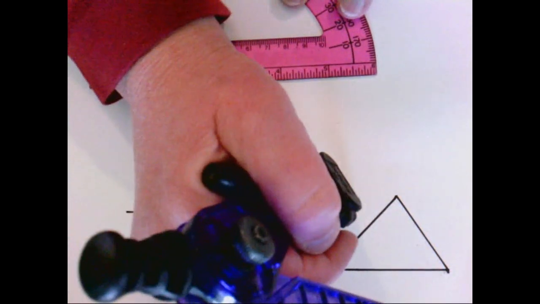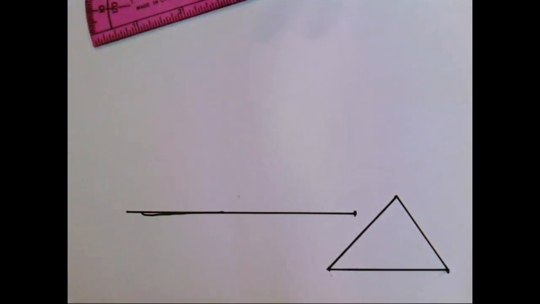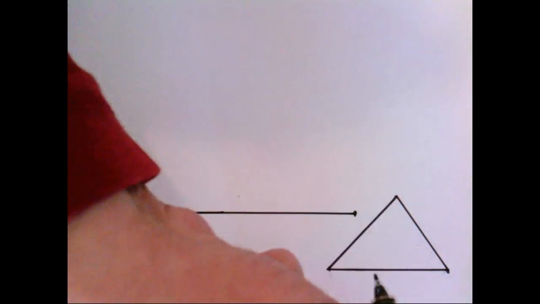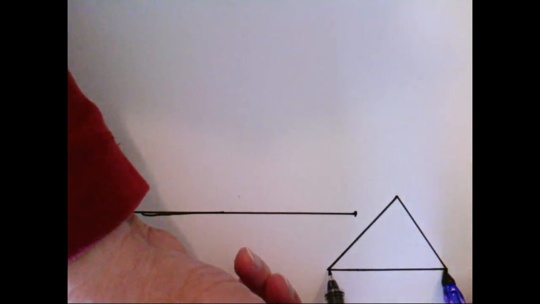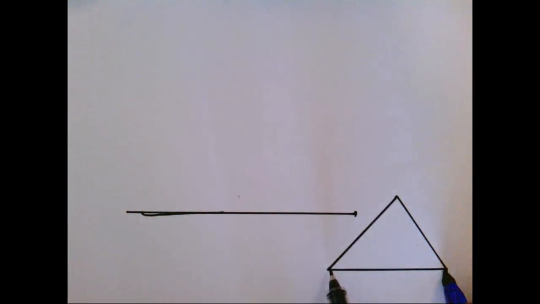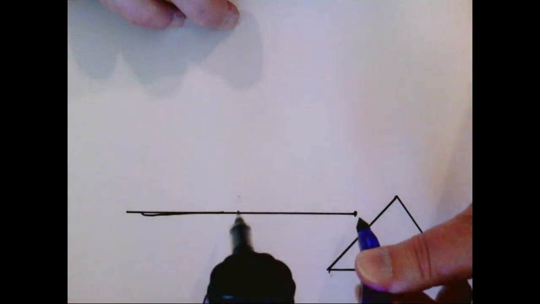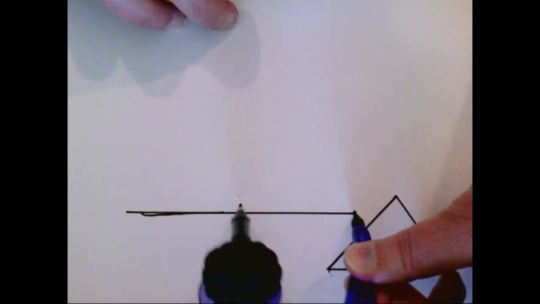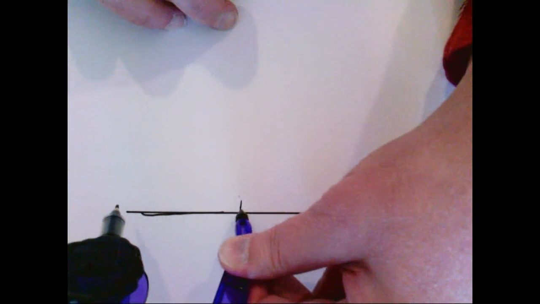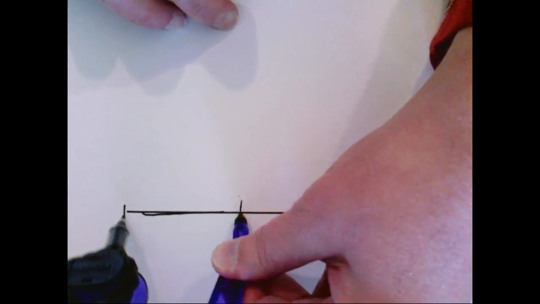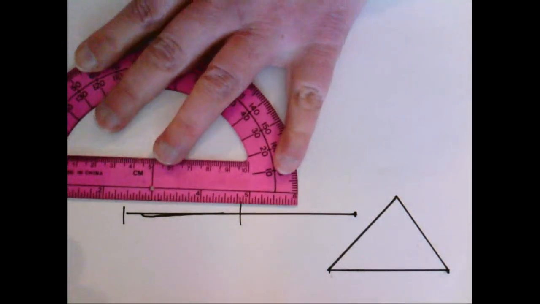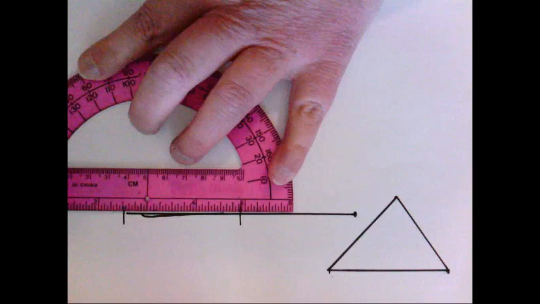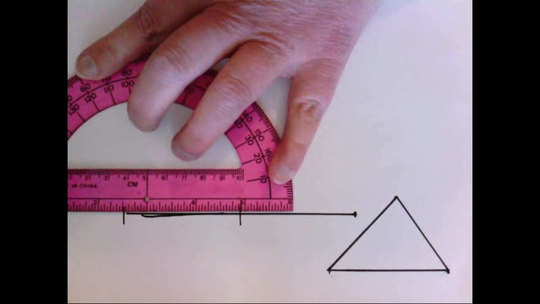So let's say that this is one vertex of my larger triangle, and I want my larger triangle to have a side that's twice as long as this. So I'm going to come over here and measure out 1, I may have to extend this a little bit, 2, so 2 lengths of that smaller triangle's side length.